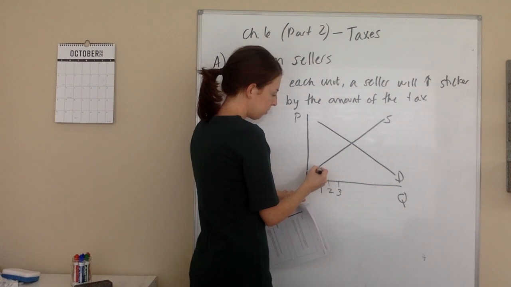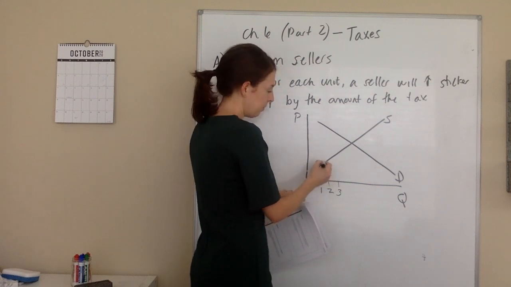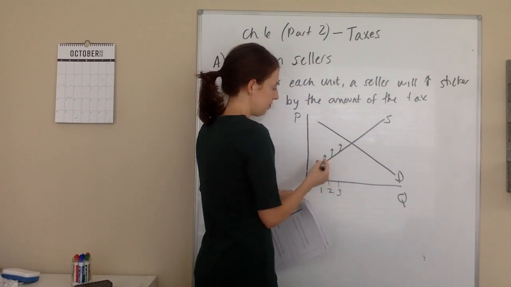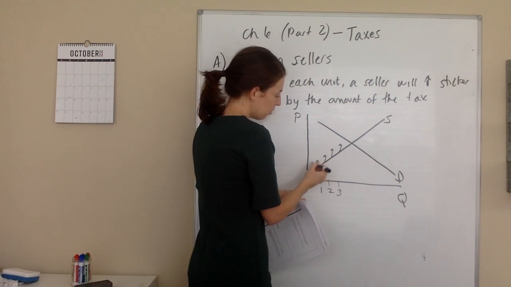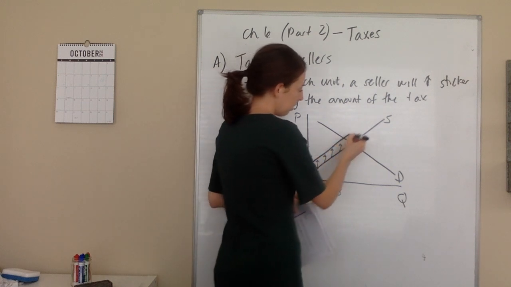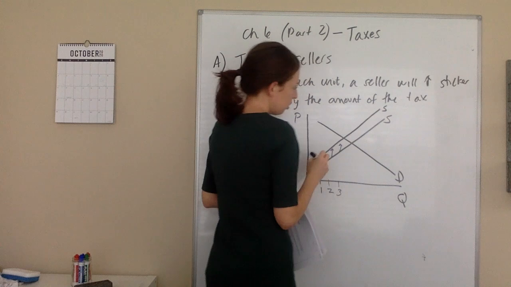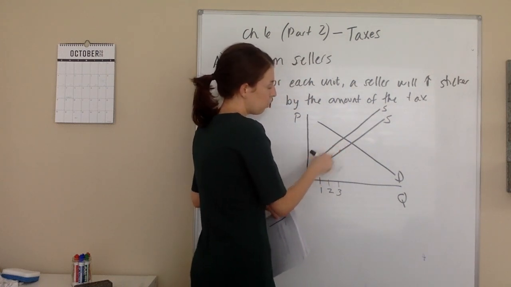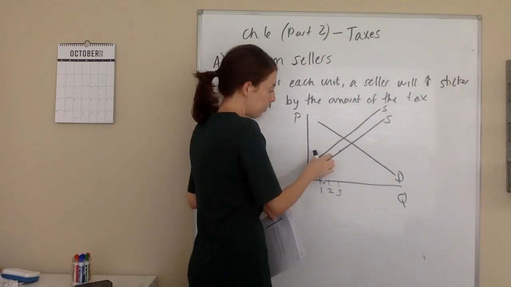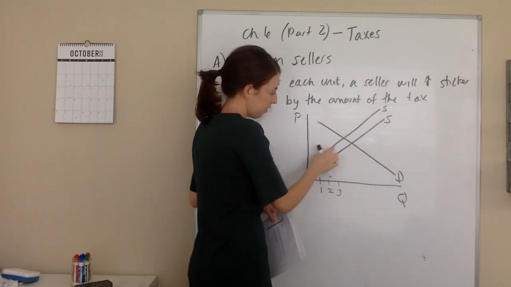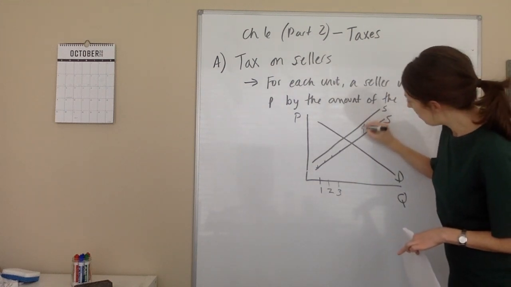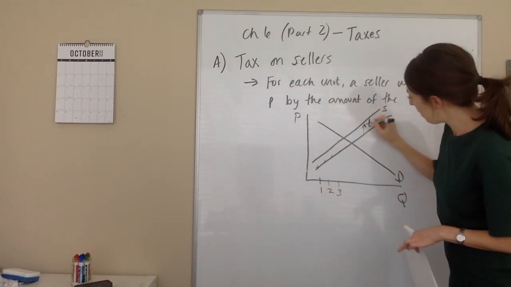If the price is originally $1, you're going to raise it up to $1.10. And here, you're going to raise it up by 10 cents, by 10 cents, by 10 cents. So this would cause the whole supply curve to basically just move straight up. What's important to note here is that the amount it's moving up by is equivalent to the amount of the tax.